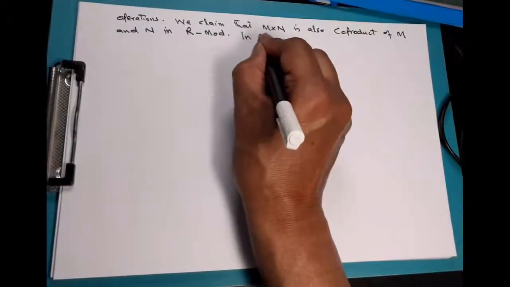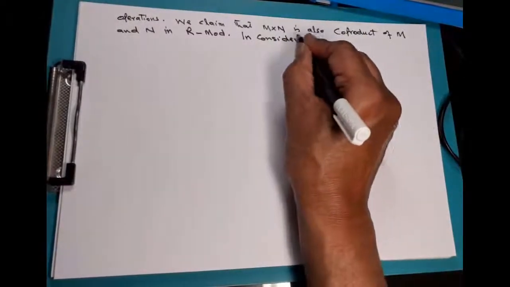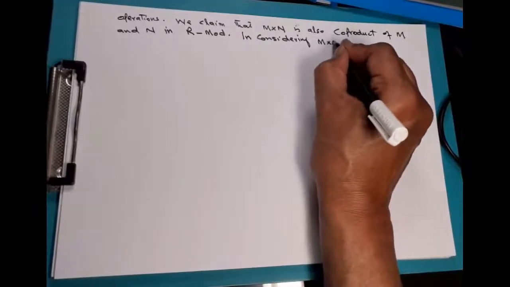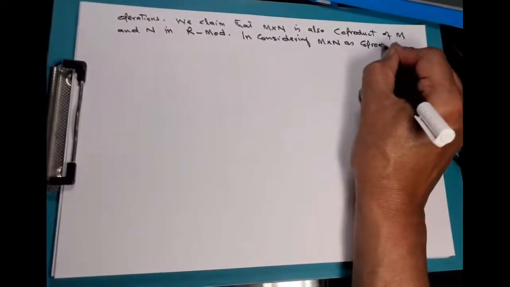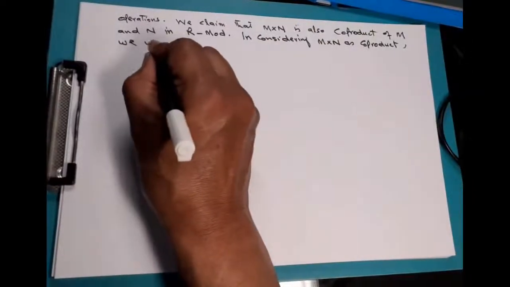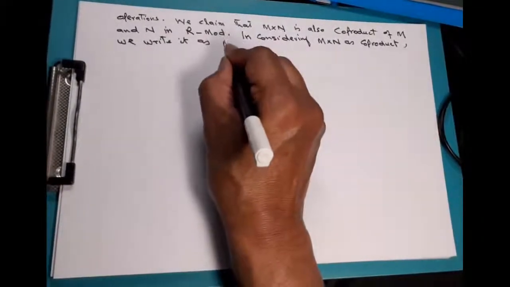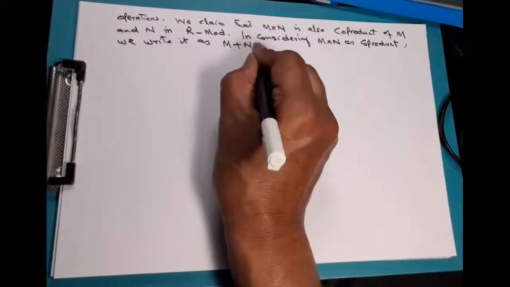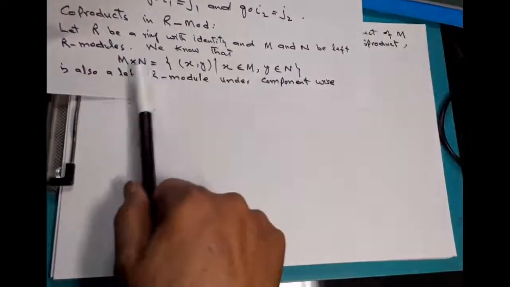So in considering this particular object M cross N as co-product, we write it as M plus N. But you must note that M plus N, as far as a left R module is concerned, is the same as M cross N as a left R module.